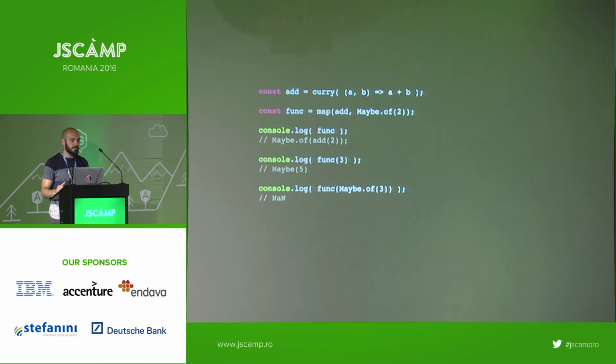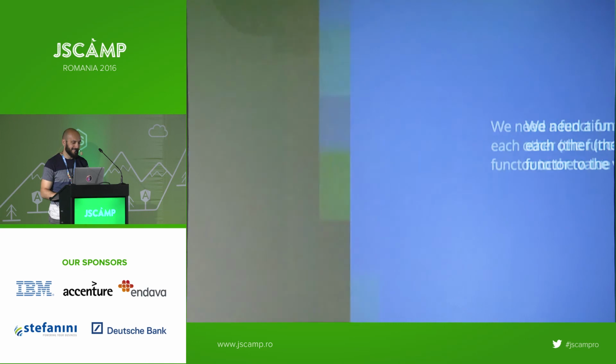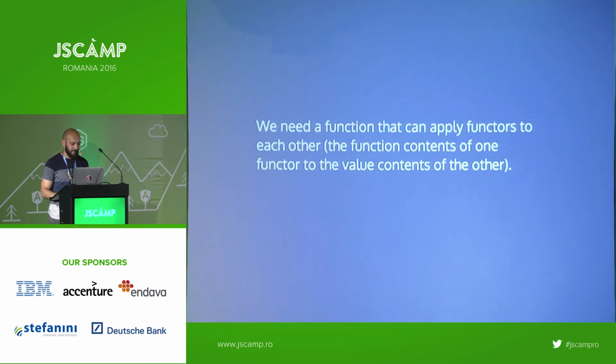You cannot add a number to a functor. Is this clear? Okay. The core idea here is that we need a function that can apply functors to each other.